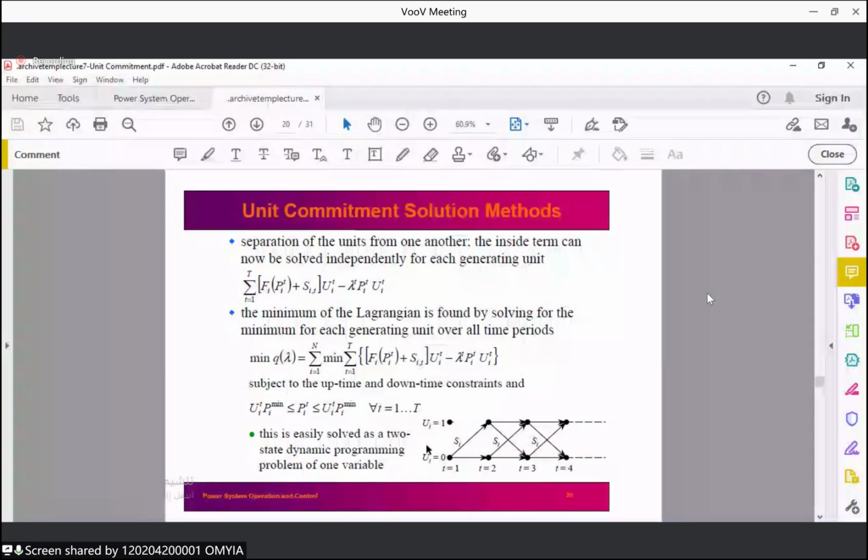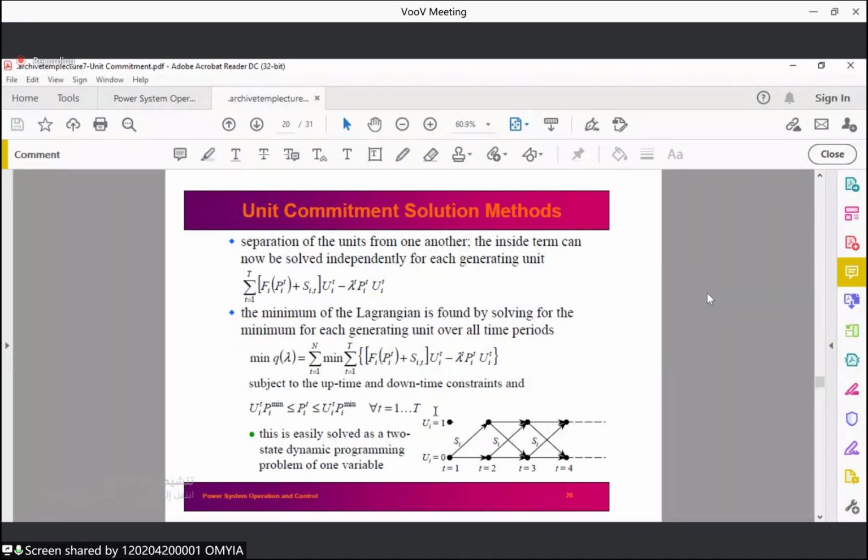So as we can see, we have two states: when the generator unit is off and when the generator unit is on. When the generator unit is off, Ui equals 0, and this minimum function is trivial and equals 0. So here equals 0, this all equals 0.